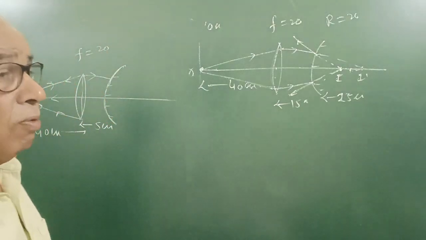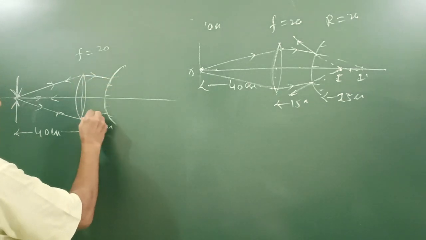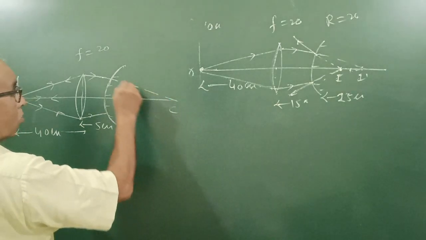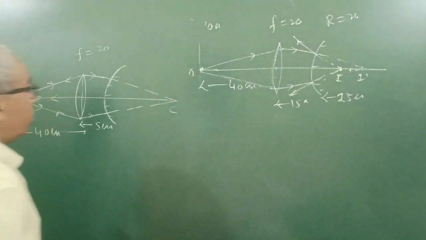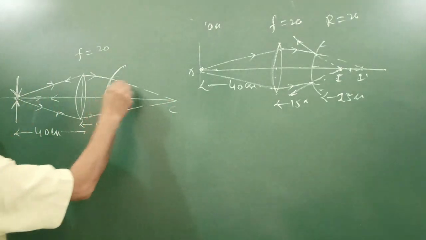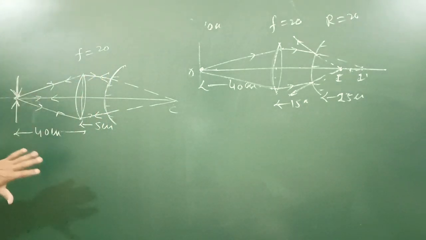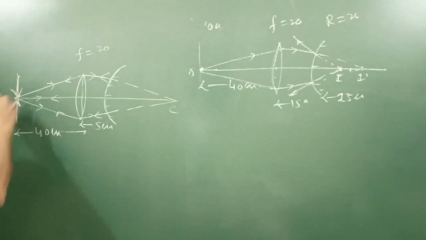If these rays fall here normally and we produce them back, they go to the center, because the radius is perpendicular to the tangent. And when they fall normally, they are reflected back. So it is only possible when the image is formed, real and inverted.